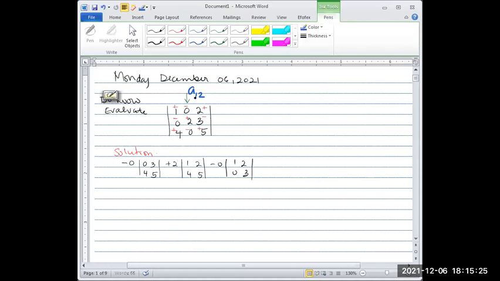So anything in the first row and in the second column, I don't want. So what matrix is left? 0, 3, 4, 5. See that? Talk to me now, please. Yes, sir, I see that.